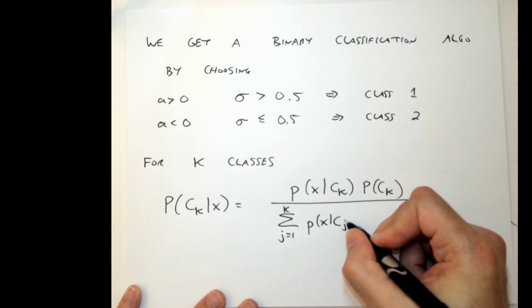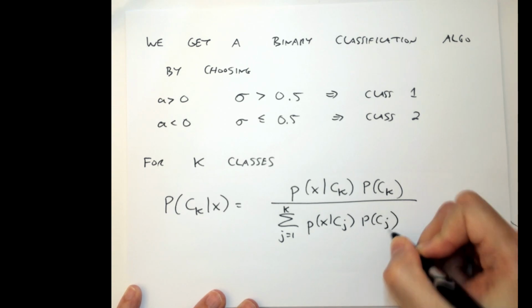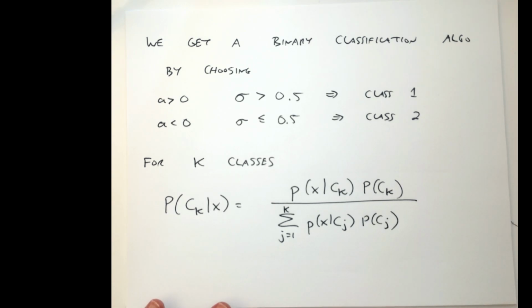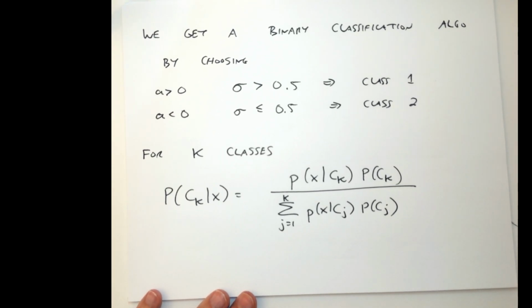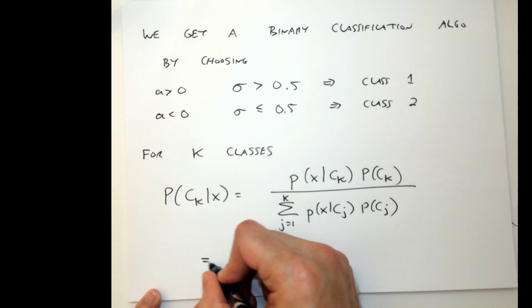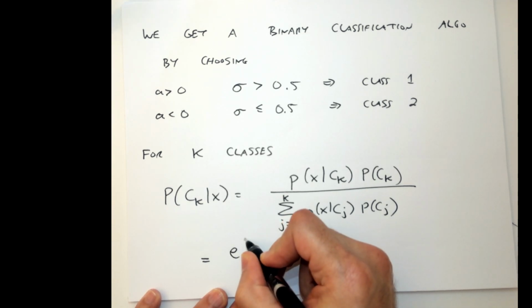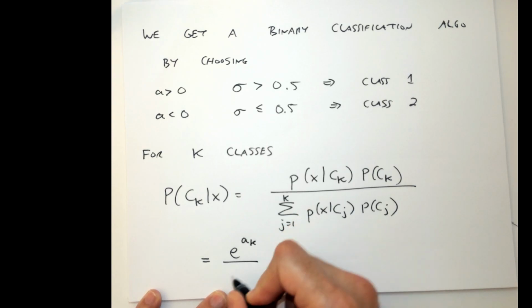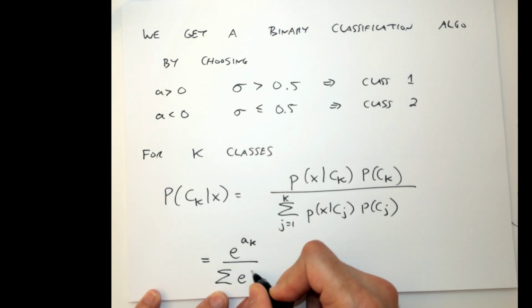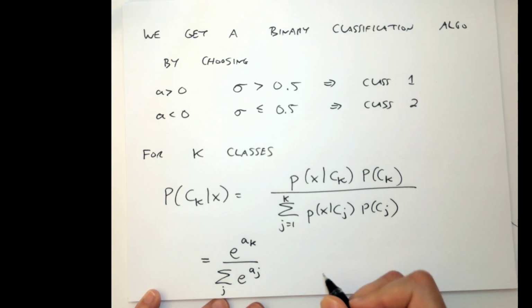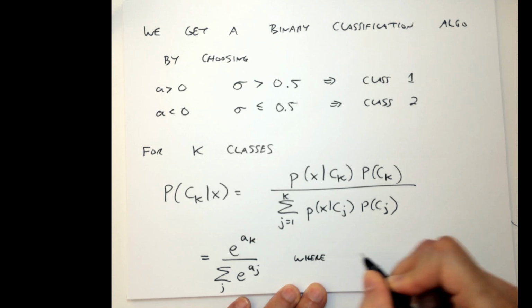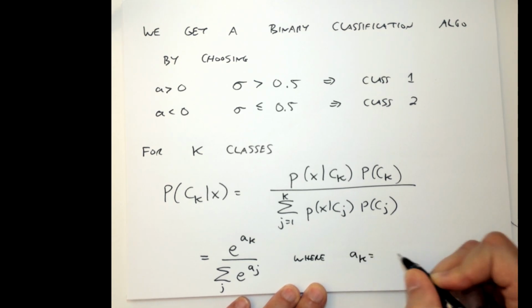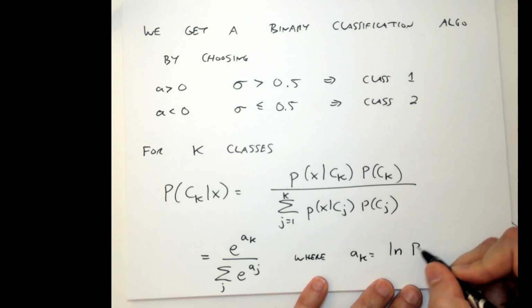This is basically like the evidence in the denominator. And I can again rewrite this in terms of A's and sigmas by saying this is like e to the A_k over the sum of e to the A_j, where A_k is again like the log of this.